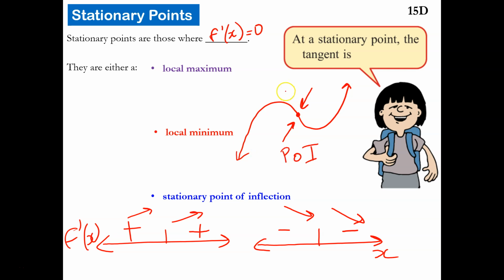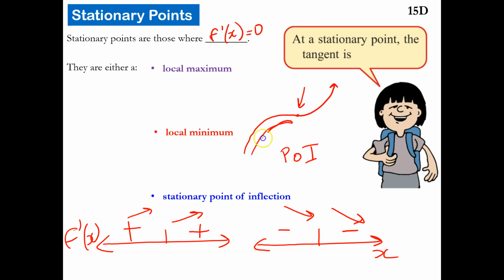However, if I draw the tangent at that point, the gradient of the tangent is not zero, the derivative is not zero, which means that it's not a stationary point. But if I have a point of inflection that looks like this, let's go flat there, and then like that, did it change shape at that point?